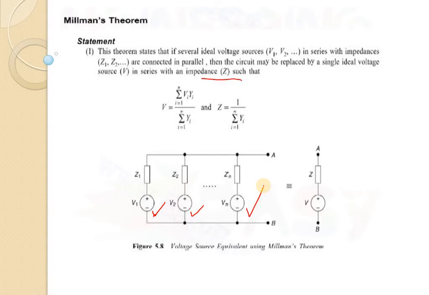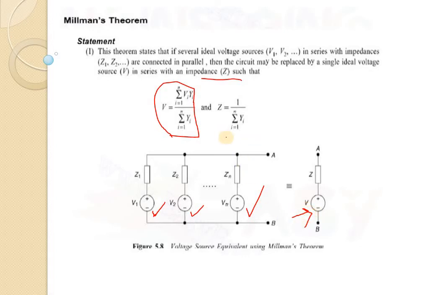So for calculating this value of V, we have to use Millman's theorem, which is the summation of Vi Yi for i equals 1 to n, divided by the summation of Yi for i equals 1 to n. From this easy calculation, we can put the parallel connected voltages in a single form, a single voltage V.